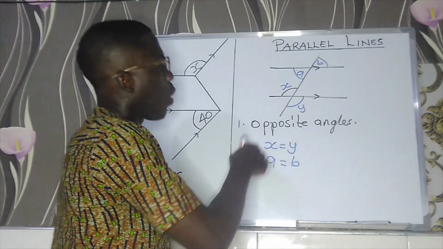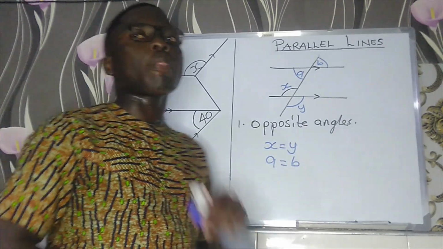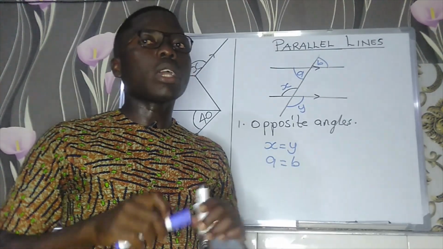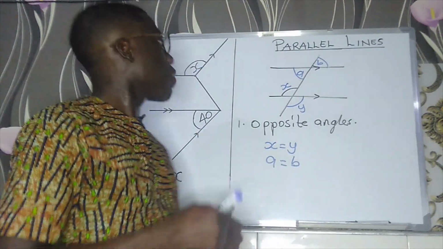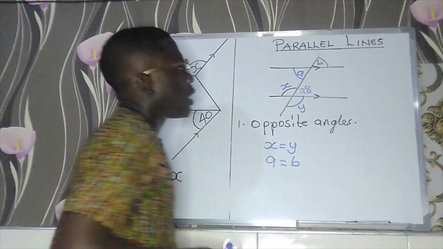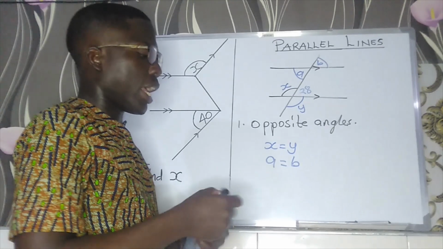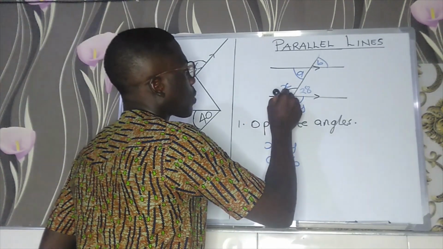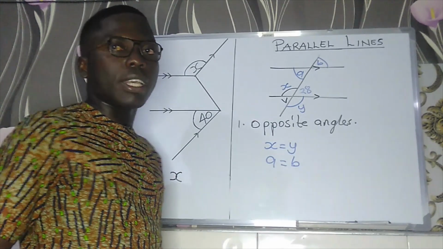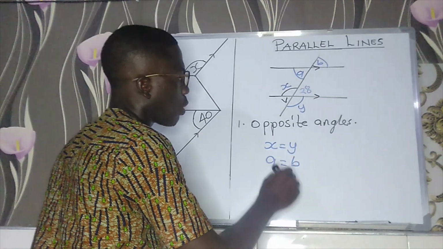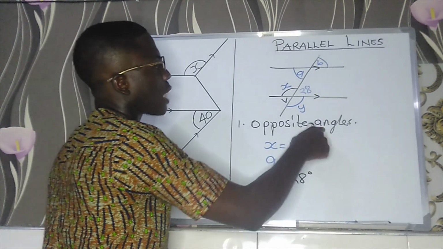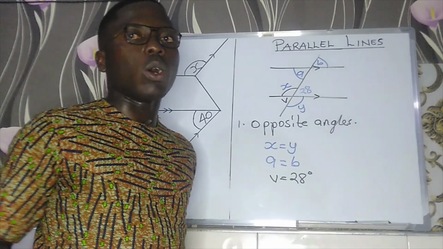And so opposite angles are equal angles. So, if I have 28 degrees here, and I have v here, and the person says, find v, you say v is equal to 28 degrees. Why? Because opposite angles are equal.